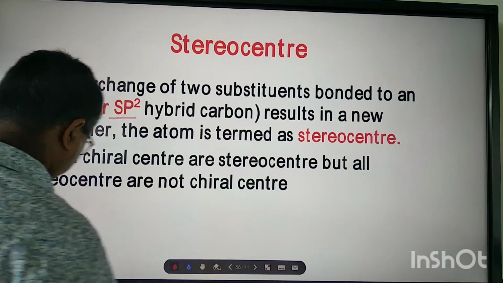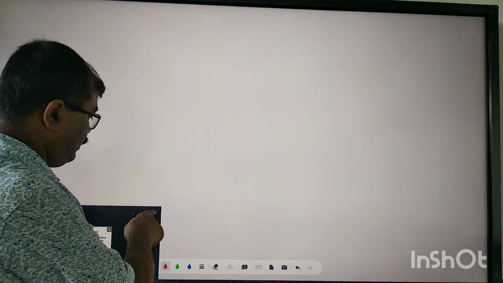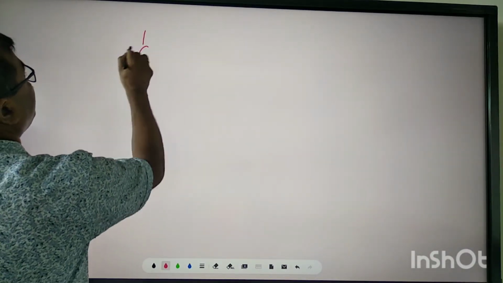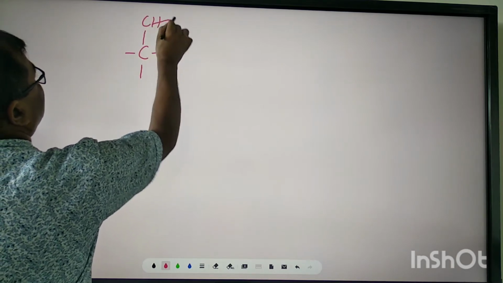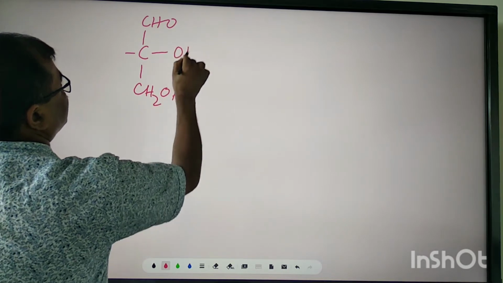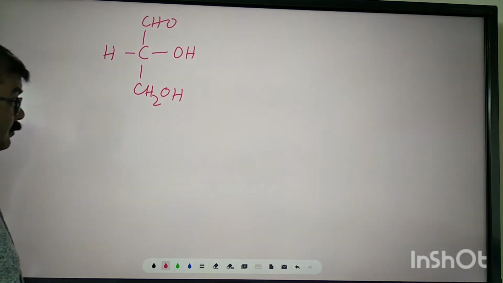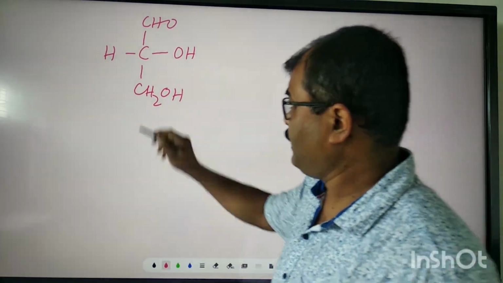Let us take an example of a particular compound, suppose glyceraldehyde. You know about it. This is a glyceraldehyde molecule. Now here, is a chiral center present or not? First, check.